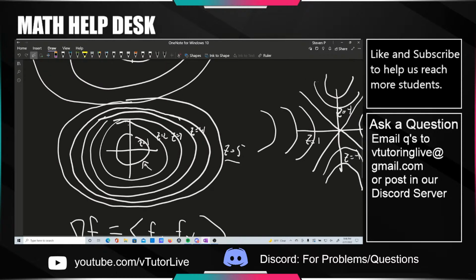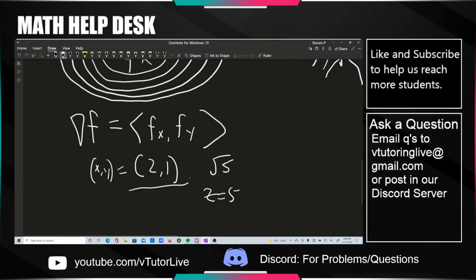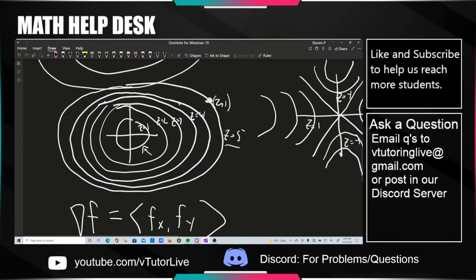And what this is essentially saying is, if you're being asked to draw the gradient at some point, like let's say (2, 1) is over here, you're being asked to draw the gradient. Remember that you can figure this out right away without messing around with precise vector directions, because the gradient is the direction of steepest increase.